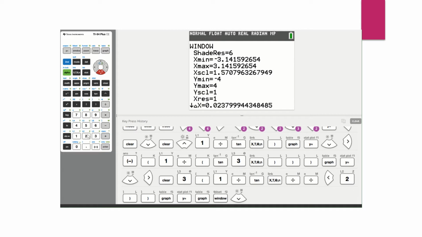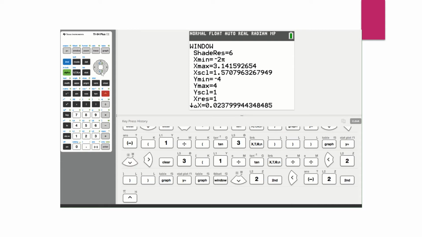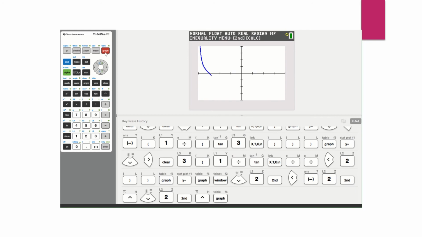So I'm going to change my x minimum to negative 2 pi. We're just working as we go. And we'll change my x maximum to positive 2 pi. So we should see at least one period here. Let's see how that may change our graph.